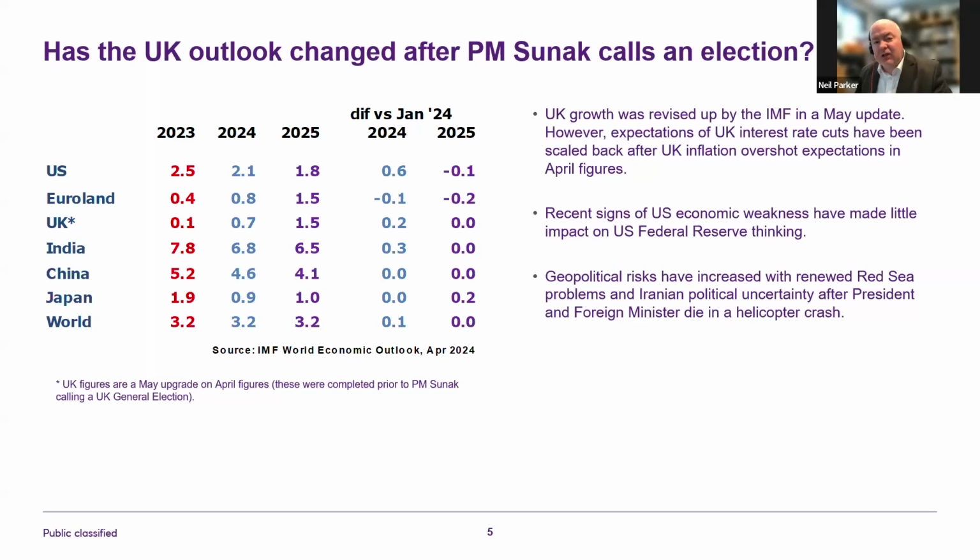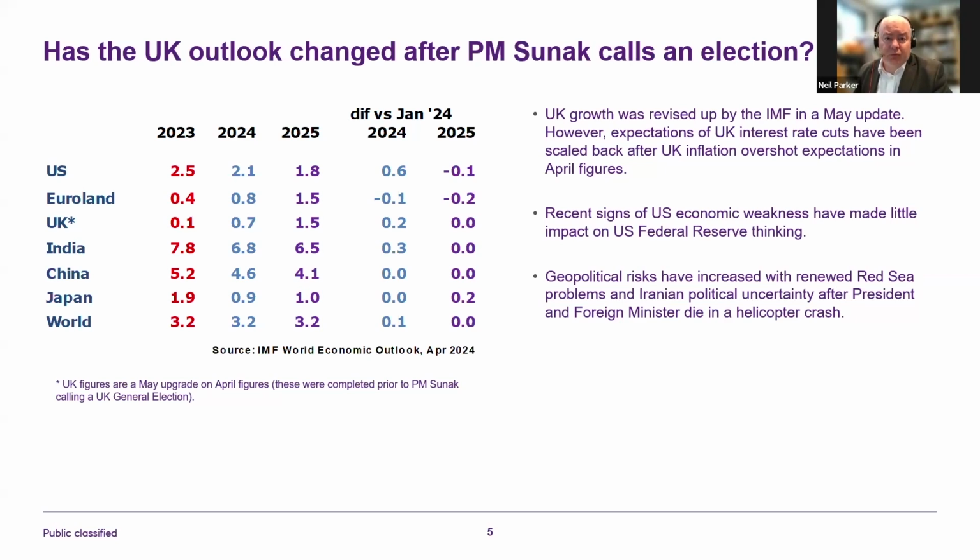And the thing to note here is that the IMF have done the same as they did last year, and that they have had to issue a modest upgrade to the UK. Now, last year it was actually a very large upgrade, and this year it's moved the 2024 number from 0.5 to 0.7.